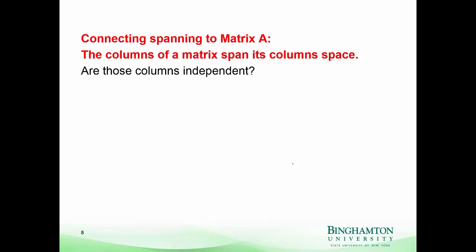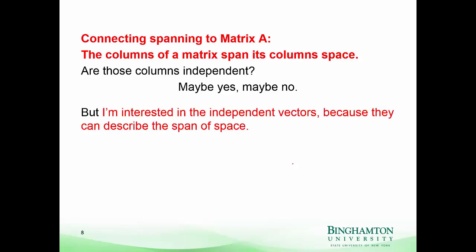So we have to ask, are the columns independent? Maybe yes, maybe no. We don't really know. But regardless of whether they're independent or not, they still will span some space, but we need to figure out what space they span.